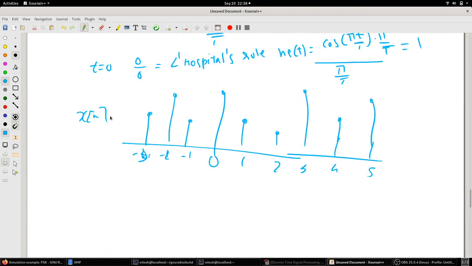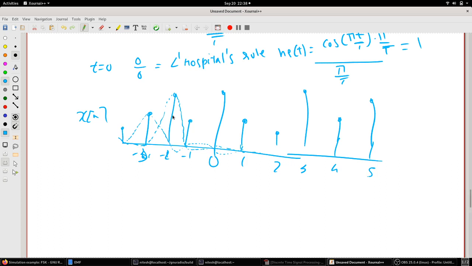So you are multiplying x[n] with these shifted sinc functions, and these sinc functions have zeros which are again multiples of T. So it's something like this, with zeros at these multiples, and this is again another sinc function dipping at these zeros.